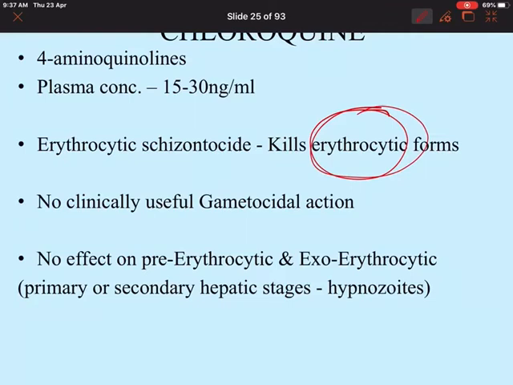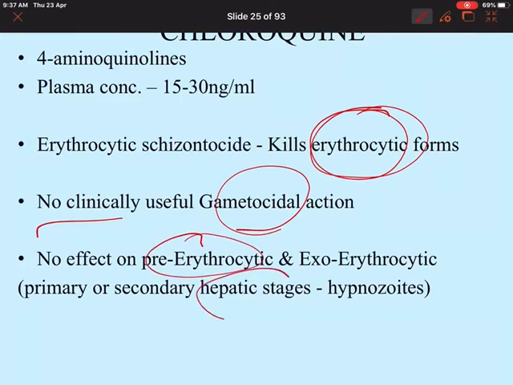It has no useful gametocidal action. It's a very mild gametocidal, but that is not much clinically useful. It doesn't act on the pre-erythrocytic or the hepatic stages.